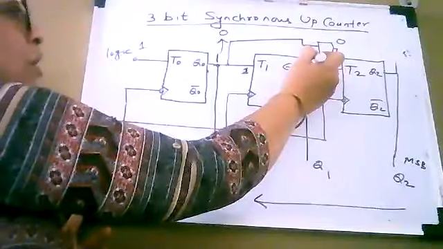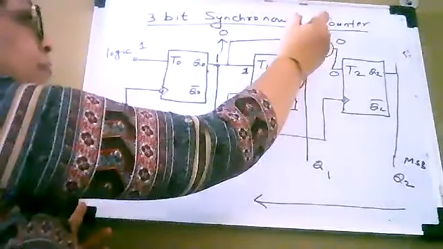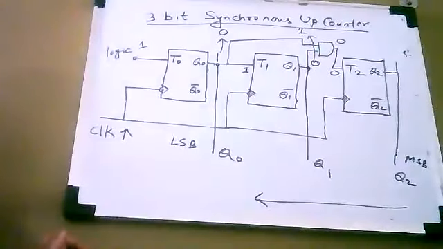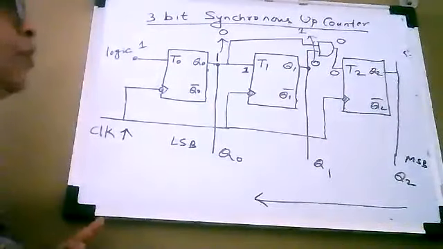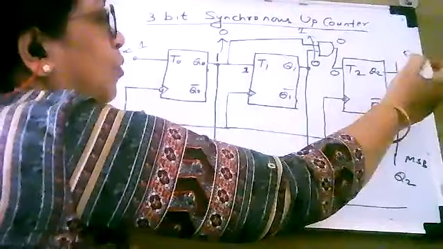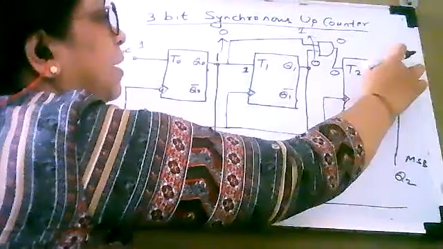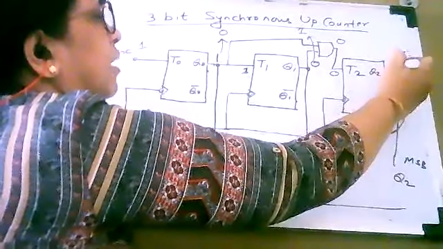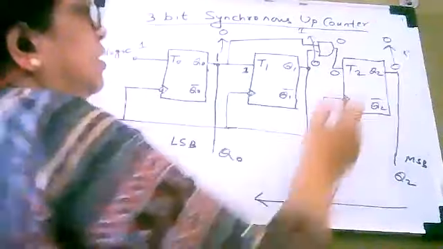Earlier state was 0, so now it will become 1. And as input of the third flip-flop is 0, it will not toggle, and therefore its output will remain as it is, which was 0 earlier.